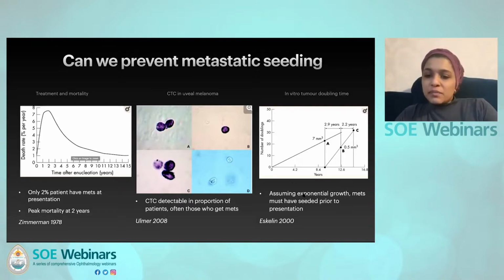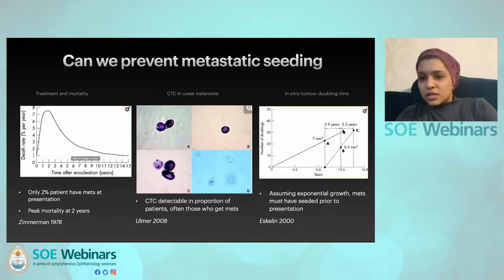And if you look at some mathematical modelling evidence, again quite old evidence, if you take a metastatic lesion and you extrapolate that tumour doubling time right back to when that metastatic event happened, on modelling it occurs way before presentation to the initial ophthalmologist. But again, this is a modelling system that assumes that tumour doubling time is constant throughout its lifespan.